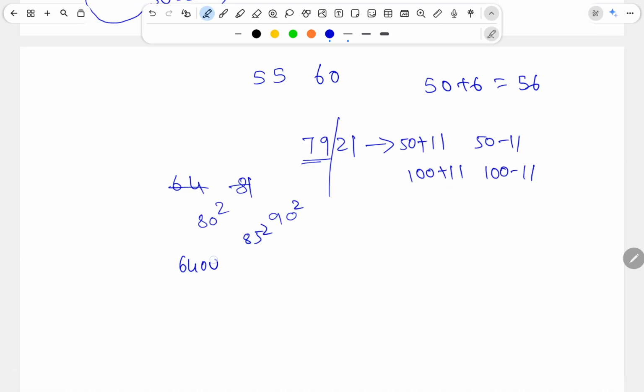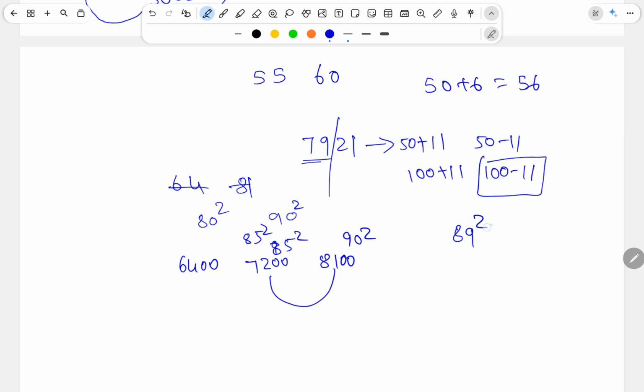This is 6400 and this is 8100 and this is 7200. The number is between 85 square and 90 square. So above 85, below 95, below 90. What is it? 100 minus 11. 100 minus 11 is 89. 89 square is 7921. Hope you understood this.